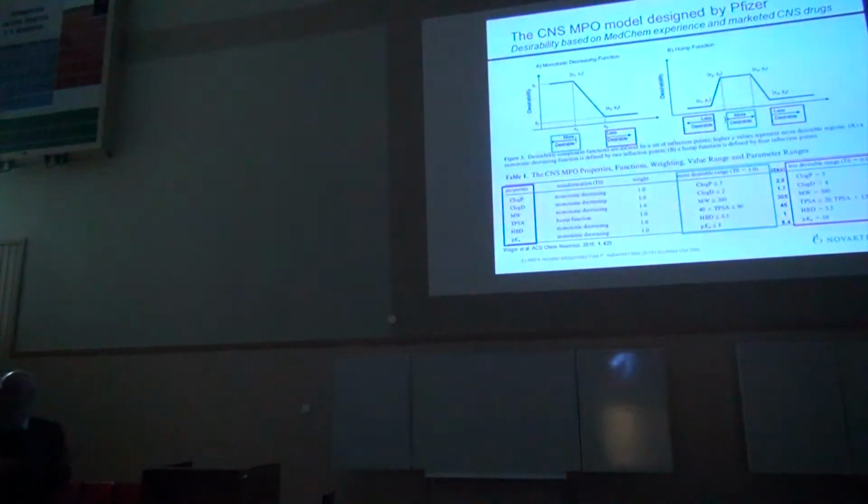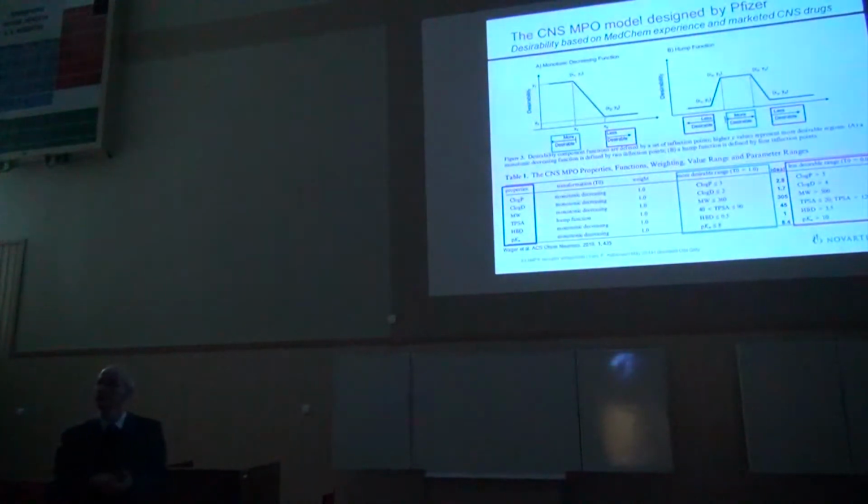And if you think of lipophilicity, that would be an example of a parameter that follows a hump function. Being too low, it's not good. Then it gets better. It reaches an ideal range. And then when the log P, the lipophilicity, gets higher, the quality of the drug gets lower.